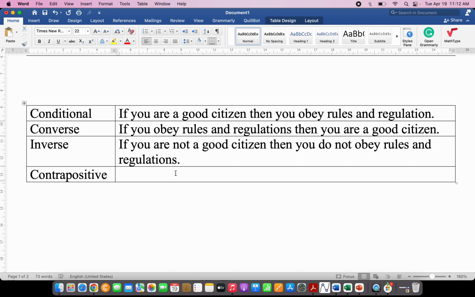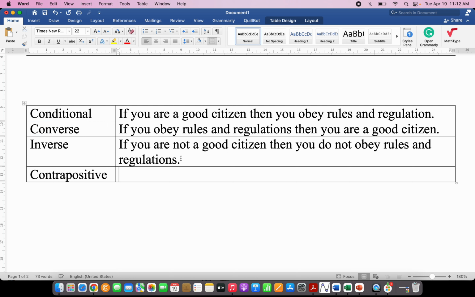Then let's go to the contrapositive. Again, the contrapositive actually is simply the negation of the converse statement. Negation lang siya ng converse statement.